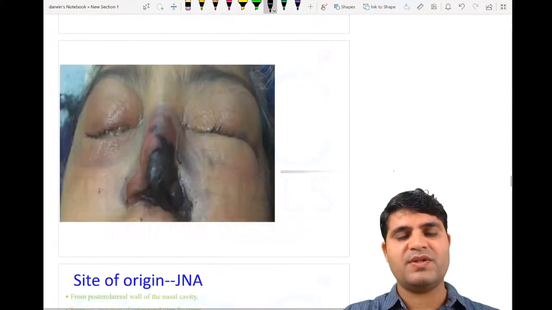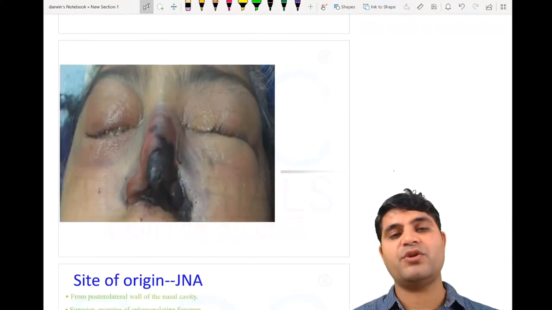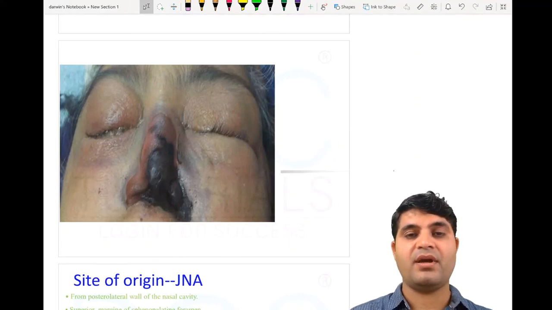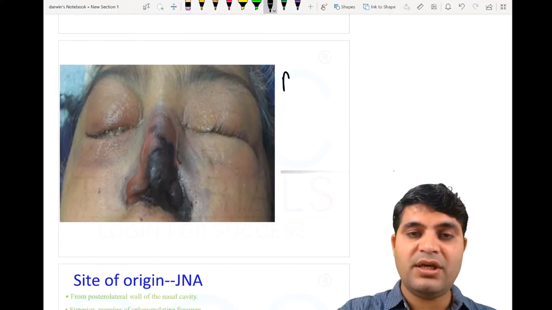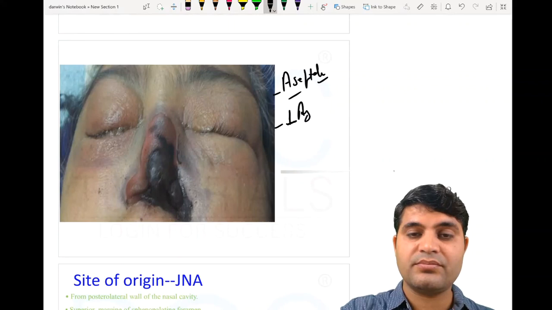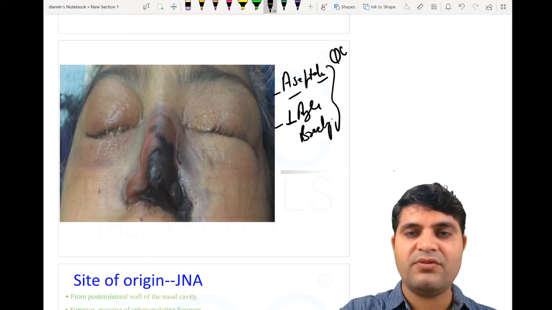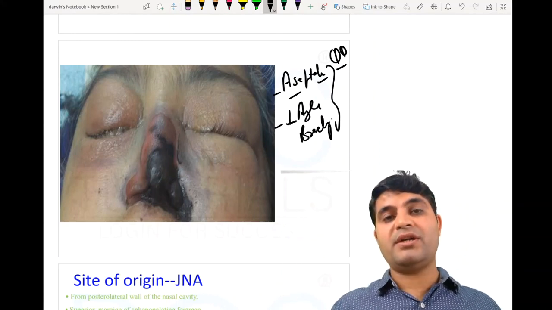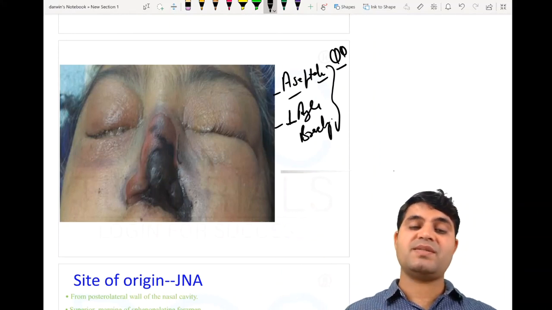So yes, this is a classical hallmark feature of mucor. I repeat, mucor hyphae are aseptate, right angle branching. Clear? You remember these keywords. Whereas aspergillus, you know, they are oblique, acute angle branching, and second, they are septate hyphae.